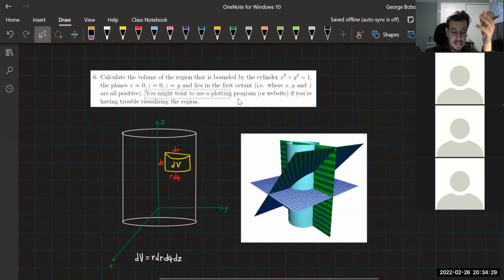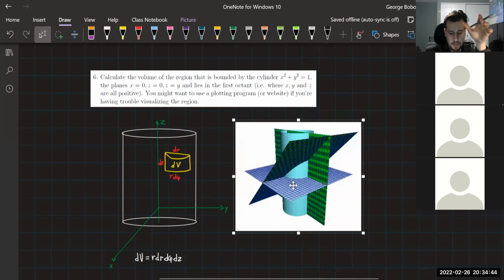Okay, they even suggest using a plotting program. That's how bad the question is, right? So I know we have a cylinder, and I know there's going to be a bunch of planes intersecting. I think that's what I got from the plotting program. But anyways, we can visualize it, okay?